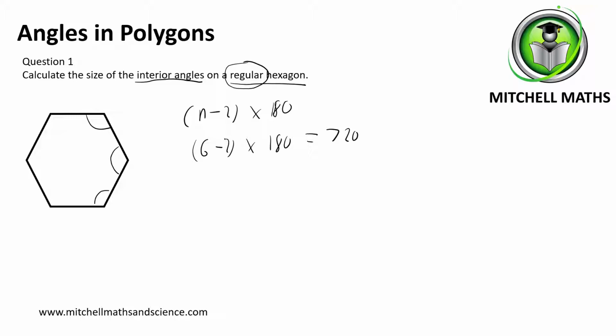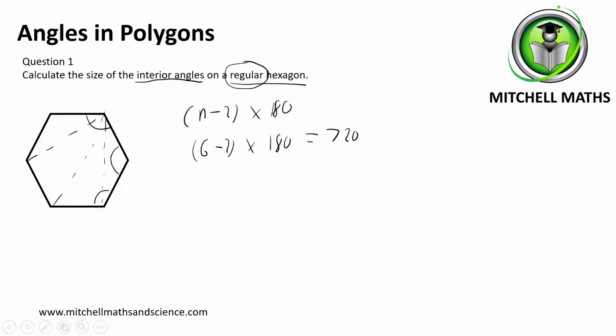The reason it's 4 times 180 is because you can split a hexagon into 4 triangles. We know the angles in a triangle add up to 180, so 4 times 180 is 720.